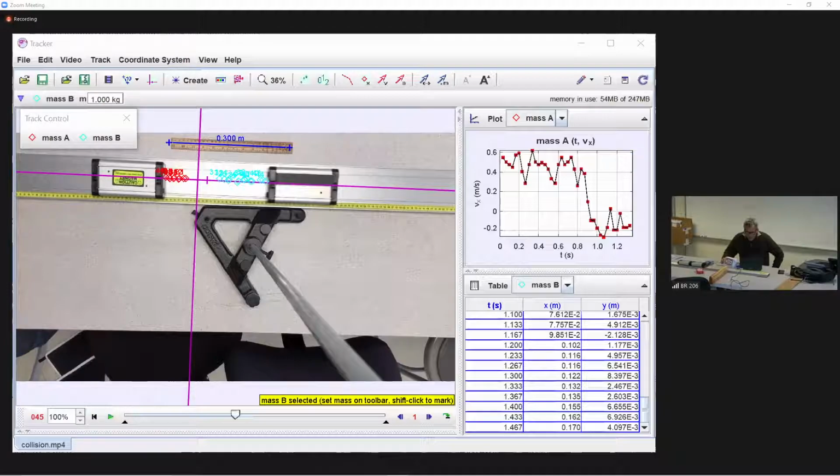And a mean velocity, if I select these points after the collision, of negative 0.1545 meters per second. Now I have all the information I need to calculate the initial and final momenta of the system. Let's see if the momentum is conserved in this collision.